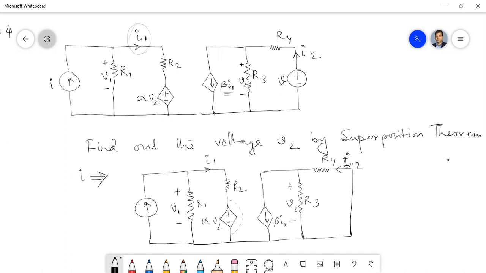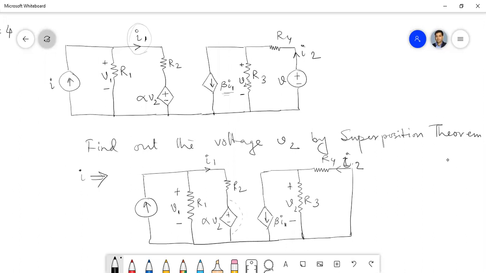And here also, they have mentioned the voltage across R3 is V2, and this dependent voltage source depends on the voltage across R3, that is V2. Now, if we short this alpha V2, you are considering as if V2 is 0.